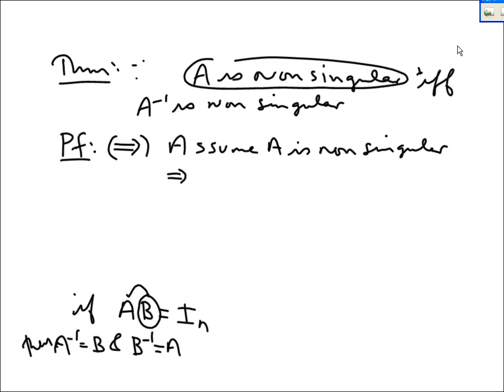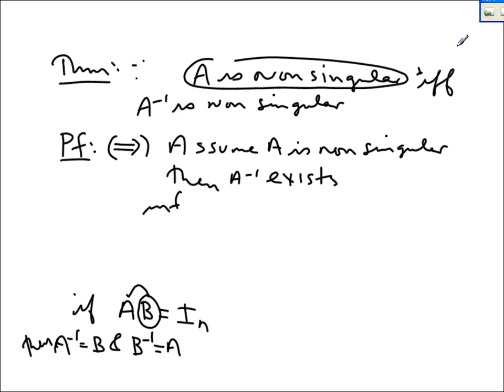Well, that implies there exists matrix B such that, well, we already know what to call it. If A is non-singular, then A inverse exists.